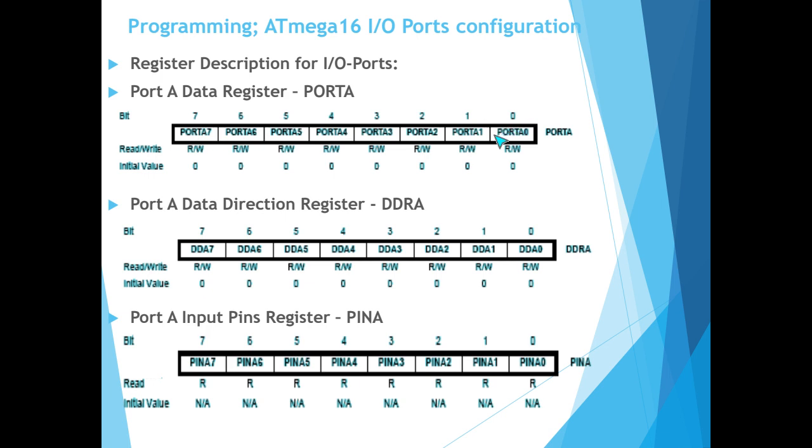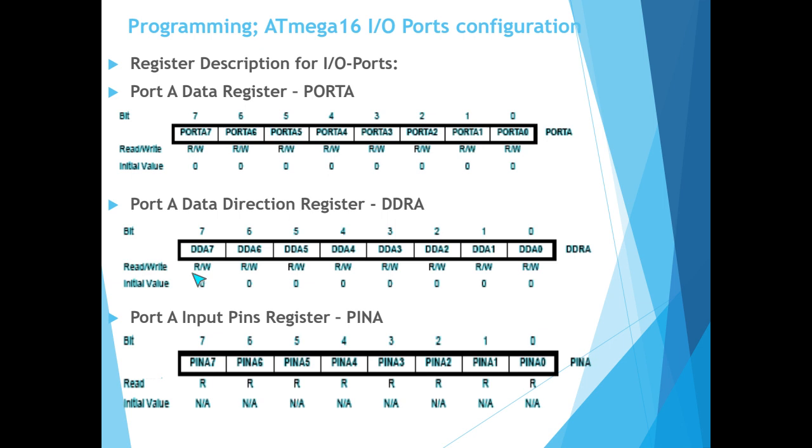The index is starting from 0, and each of the bits is written as port A0, port A1, port A2, and the register name is port X, for example, port A, port B, port C, and port D. The other register is the data direction register, coded as DDRA, as you see, DDRA for port A. It includes 8 bits. Also, these two registers, as we talked about, are read and write registers.